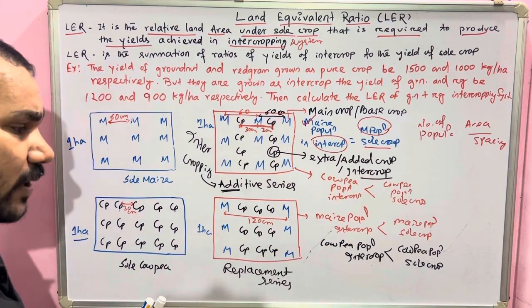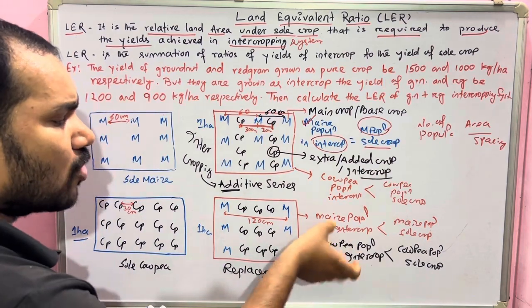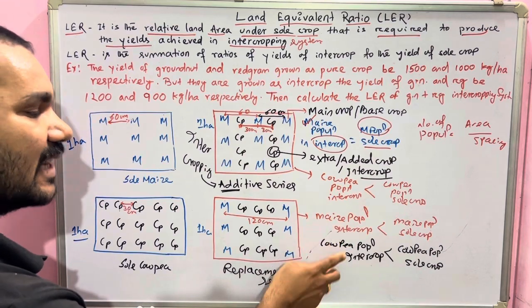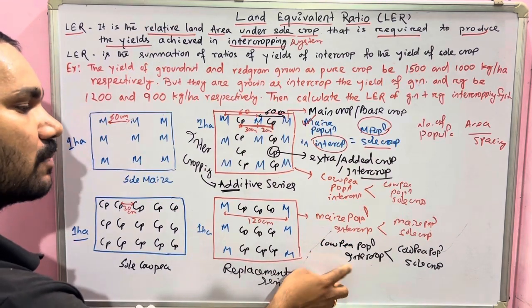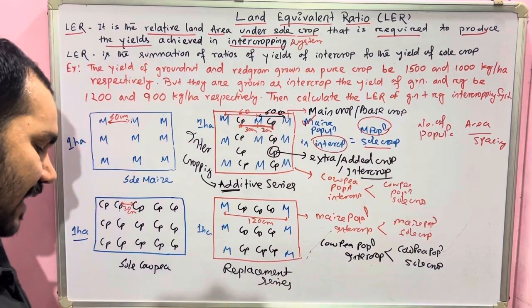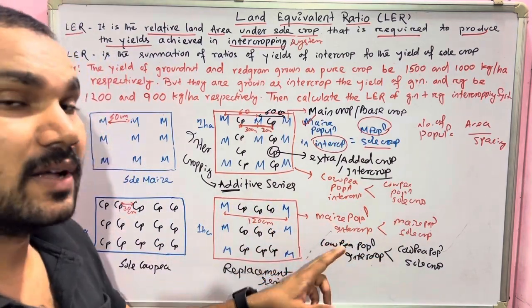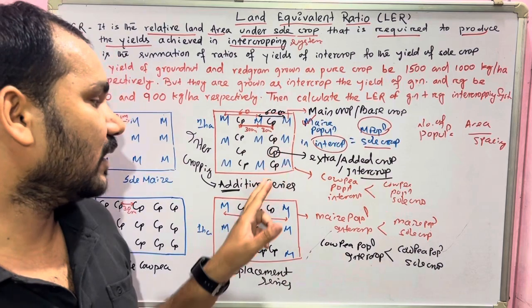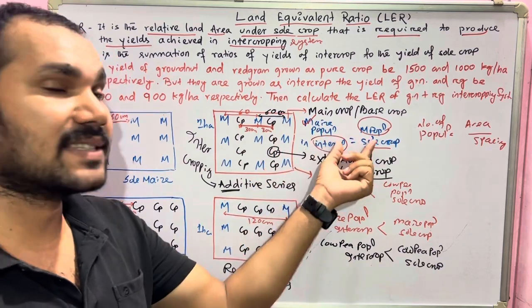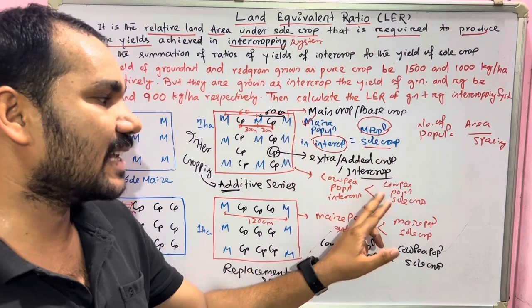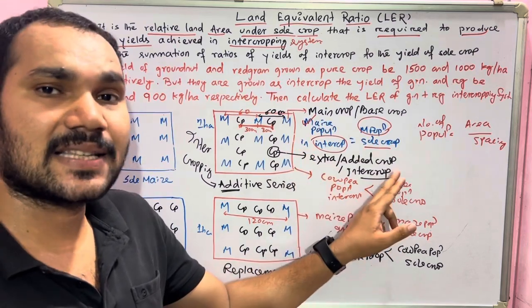So as you can see, in case of replacement series, the population of both components of the intercropping system is less as compared to the sole crop. Hence, we cannot say which one is the main crop and which one is the intercrop. Like in the additive series, whose population remains the same, we call it the base crop or main crop, and whose population is less than sole crop, we say it is the intercrop.